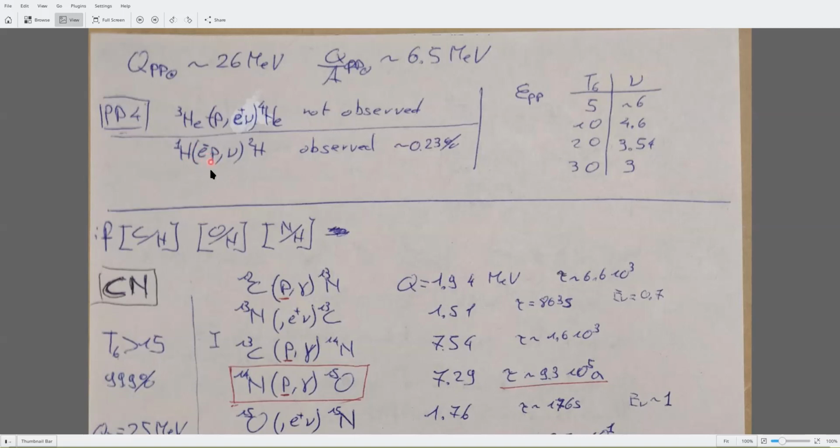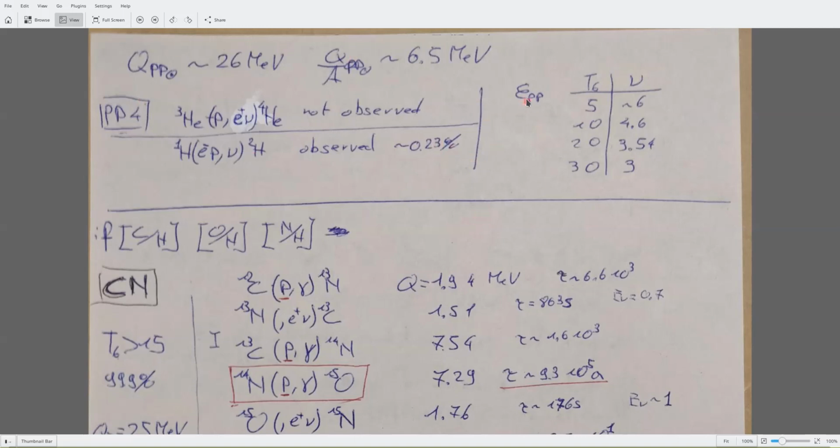Instead of having a proton decaying in beta plus decay, you have the fusion, the inverse of the beta decay, with an electron and production of a neutron and a neutrino. This is observed, but it's 23%, really low. You can understand that you need an interaction with a third particle, which is much more difficult.